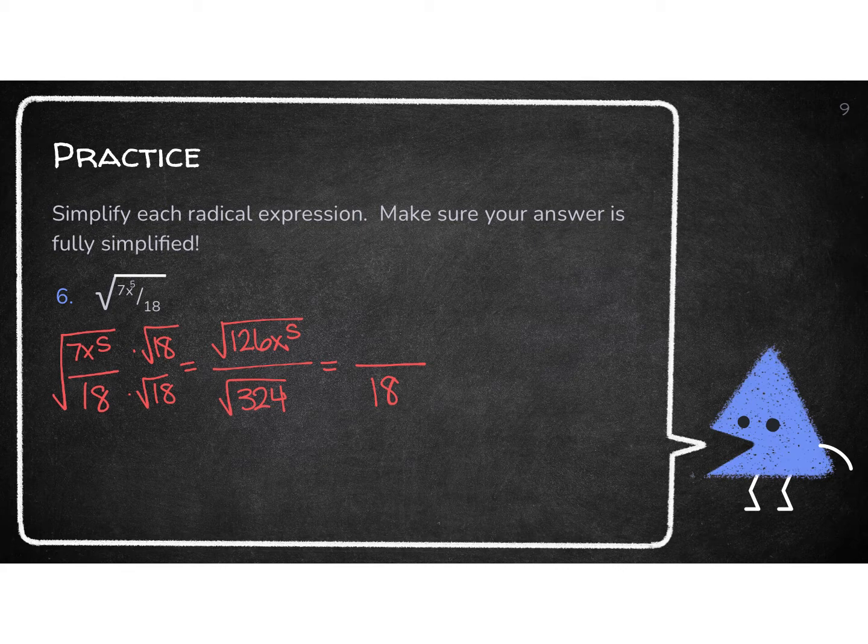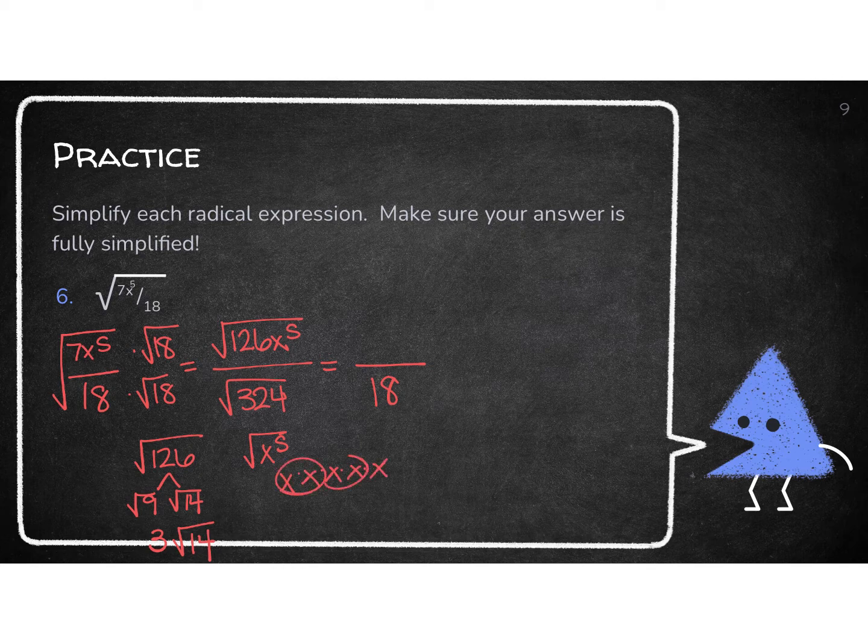We're going to go ahead and do some work now. We're going to simplify the square root of 126, and we're going to do the square root of x to the 5th. So we can figure out that top number. So square root of 126, I know that that's going to be the square root of 9 and the square root of 14. So I'm going to be left with 3 square root of 14. X to the 5th, that's 5 x's.